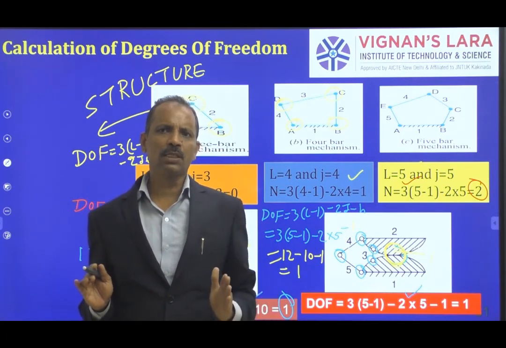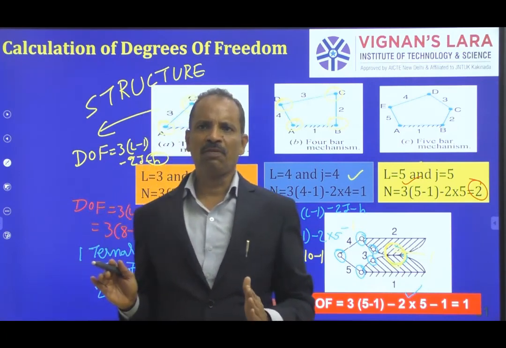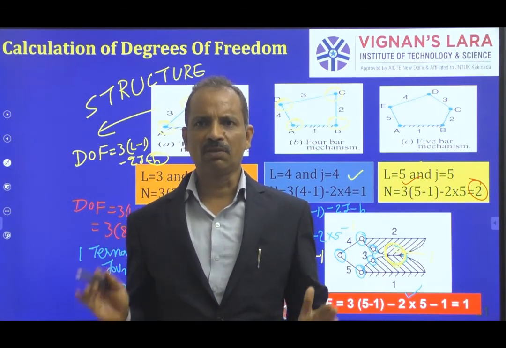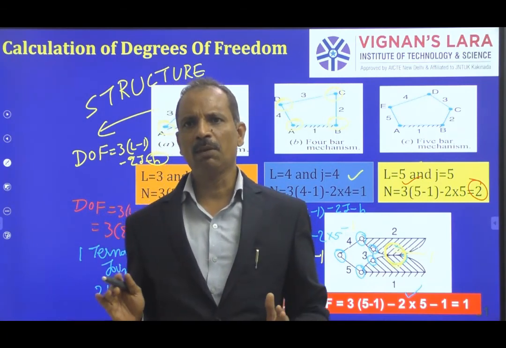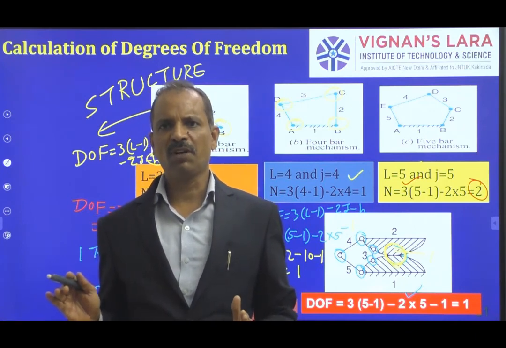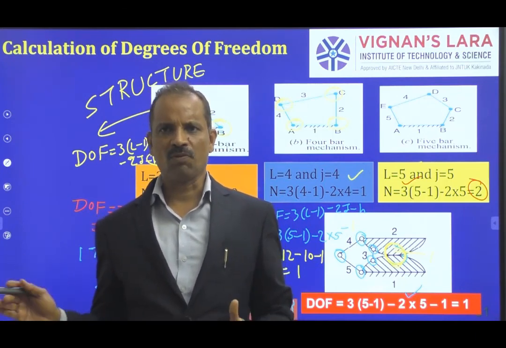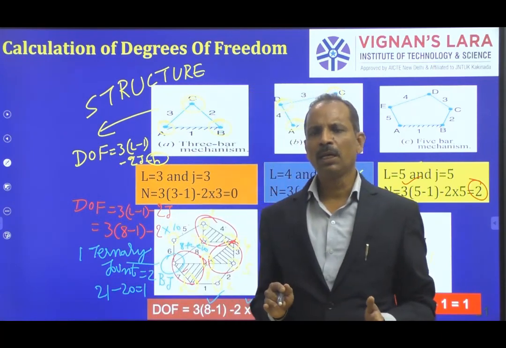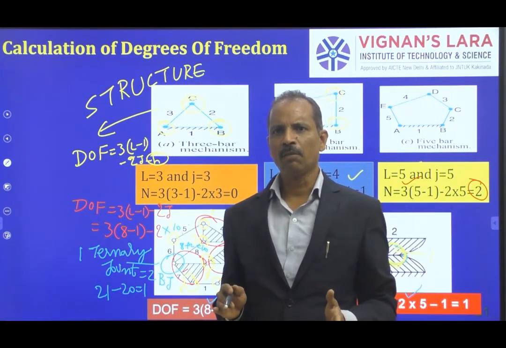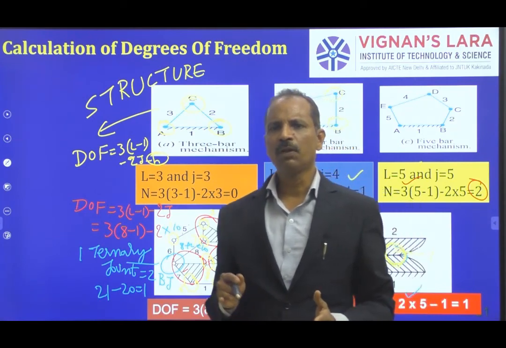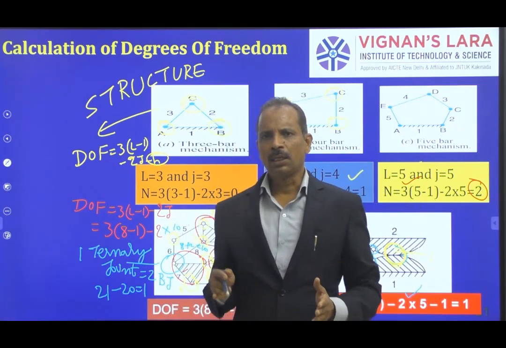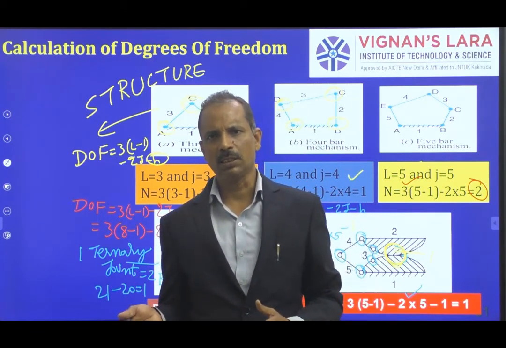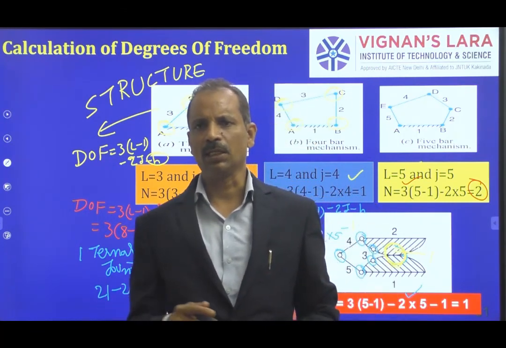Suppose a mechanism consists of L number of links, and one of the links is fixed. Then the maximum degrees of freedom is 3 into L minus 1. They are connected to form a kinematic chain or a mechanism, which consists of binary, ternary or quaternary joints, lower pairs, higher pairs, as per the requirement of the mechanism.